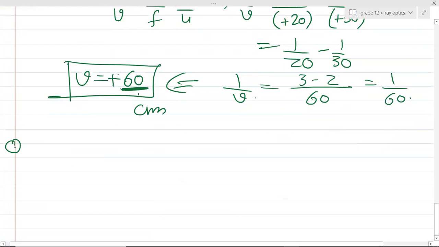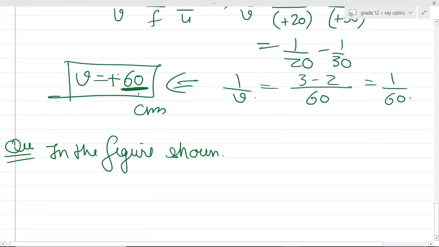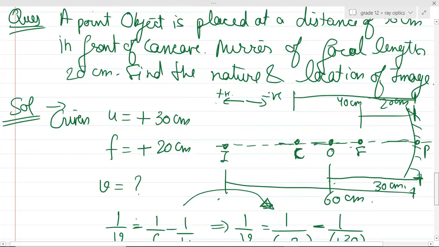Now let's give you a 12th grade question. In the figure shown, what will be the nature of the image? Where is the object placed?